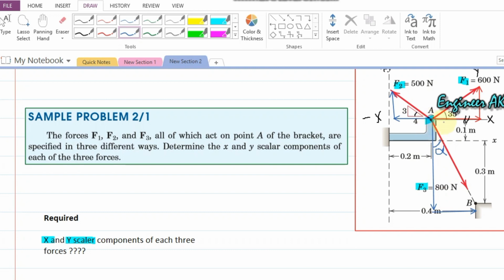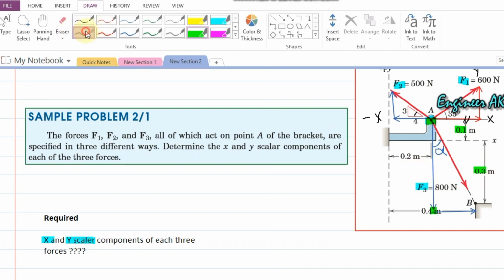So now from here to here, what will be the distance? From here till here it's 0.1, right? And then from here till here it is 0.3. So from point A till here, it is 0.1 plus 0.3, so it becomes 0.4.